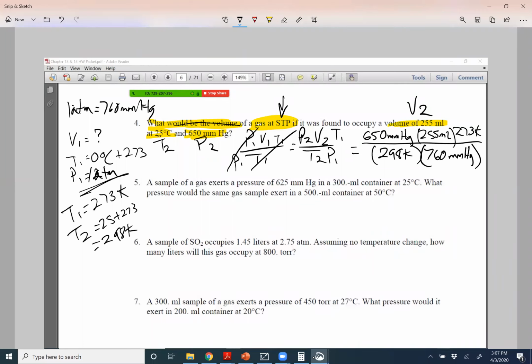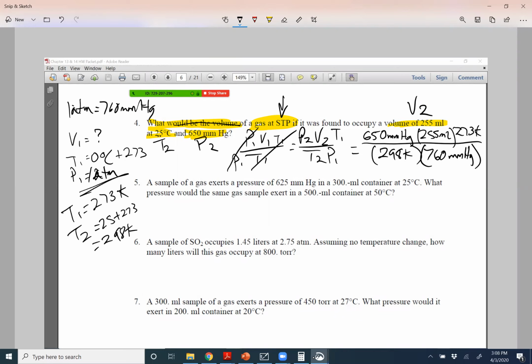Remember that pressure and volume are inverse, but temperature and volume, and temperature and pressure, are direct. So the volume is changing. The volume in the second instance is 255. But the temperature has gone up from 0 to 25, or from 273 to 298.